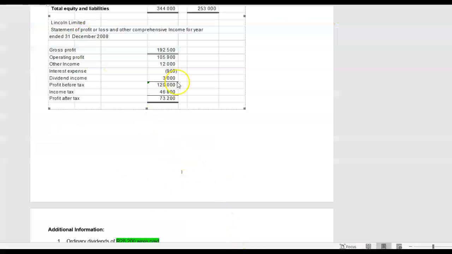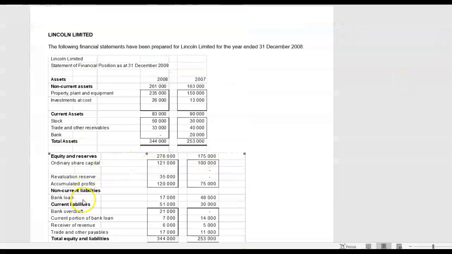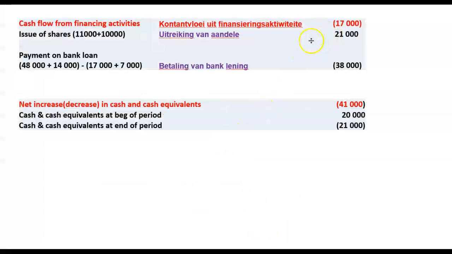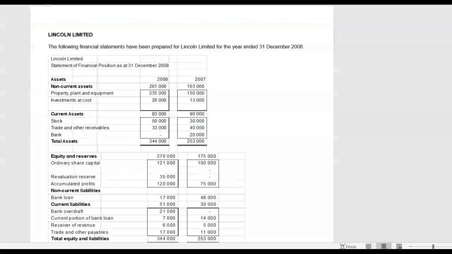That was quite straightforward. You're just going to have a look at what is the difference in ordinary share capital. There was an increase of ordinary shares during the year, equal to 21,000 Rand, issue of shares. And then the bank loan.